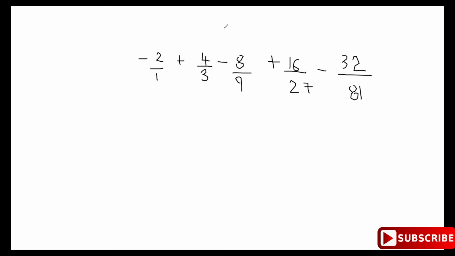Now, how I like to look at it, I like to separate it as two different GPs. I like to group up my negative ones together. So I group up my -2, my -8/9, and my -32/81. I like to group those ones first. And then I add plus.